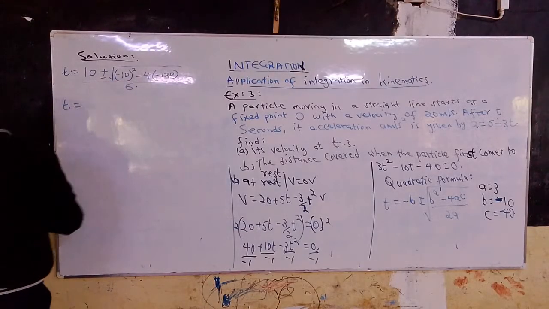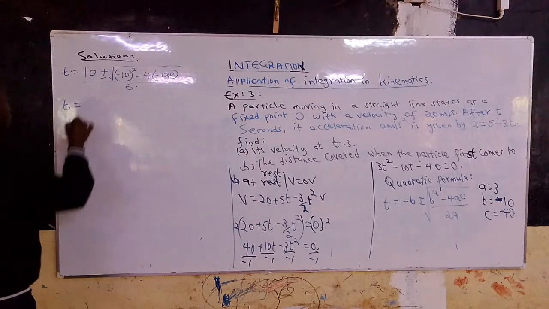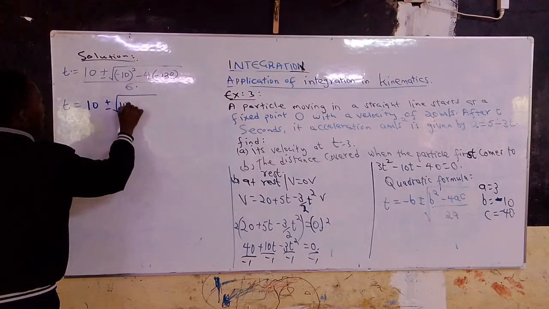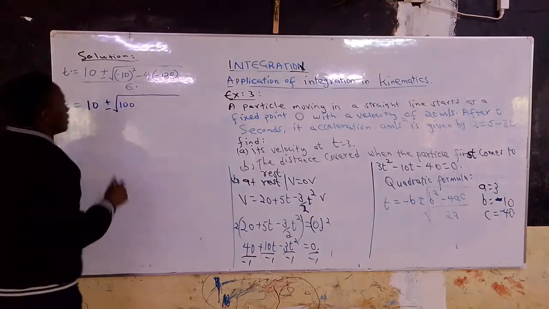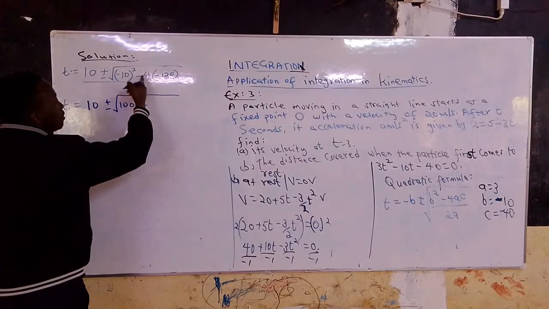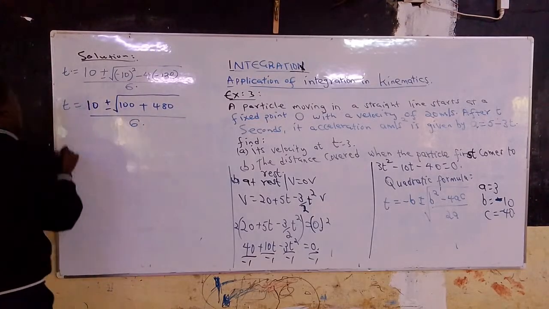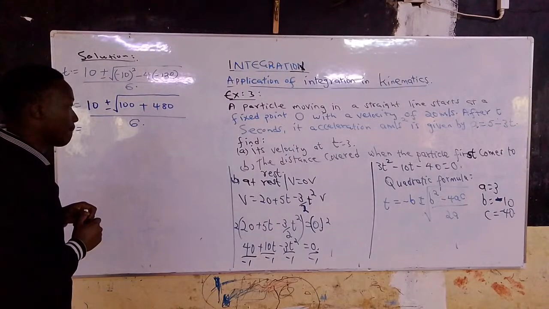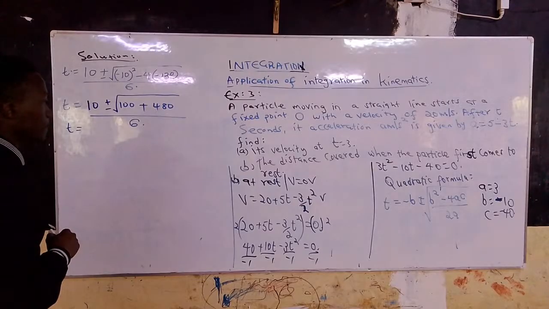So our t will be equal to 10 plus or minus the square root of negative 10 squared, which is equivalent to 100, then minus 4 times minus 120, which is equivalent to 480, over 6.